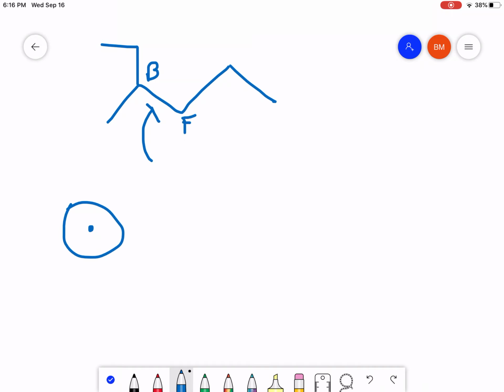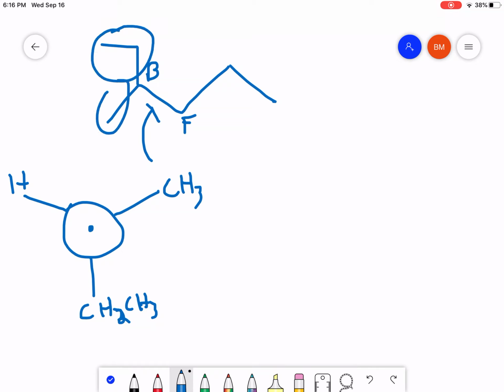On the back carbon, we have a few different things. We've got one H on that back carbon. We also have a methyl group, CH3, and we also have an ethyl group, CH2CH3. And that's right here, here, and then the H that we didn't draw for the skeletal structure.